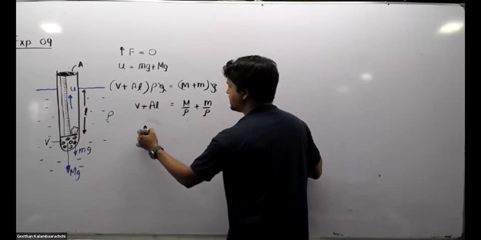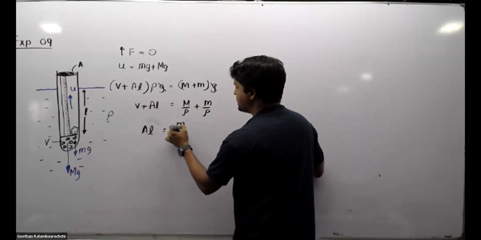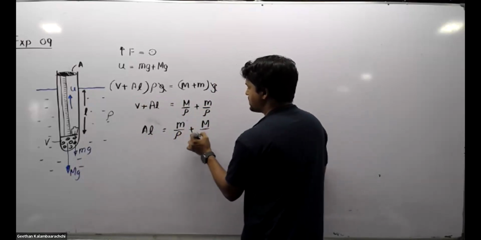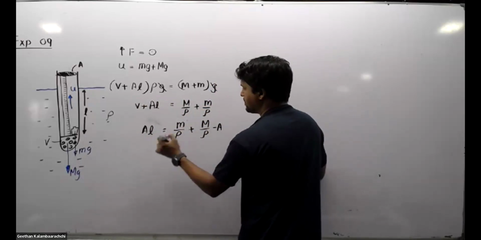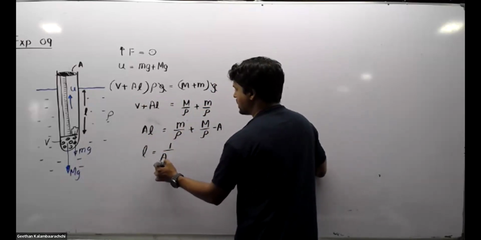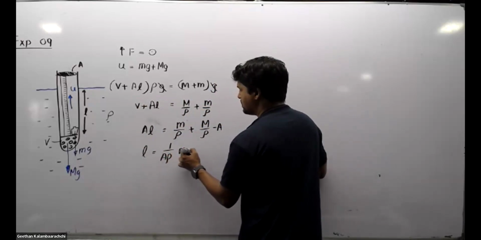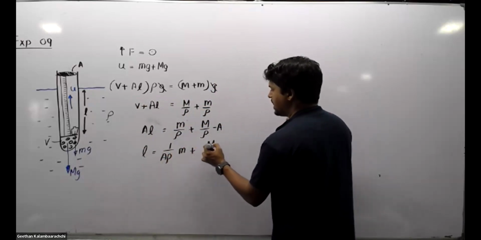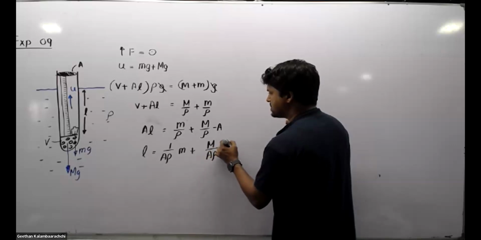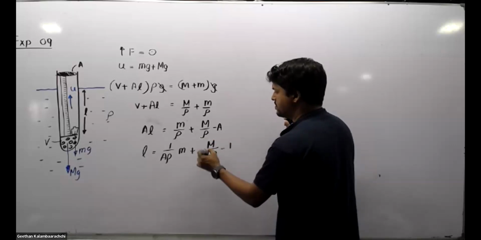So AL is equal to simple m over rho plus M over rho minus V. L is equal to 1 over A rho times m plus M over A rho minus V over A.